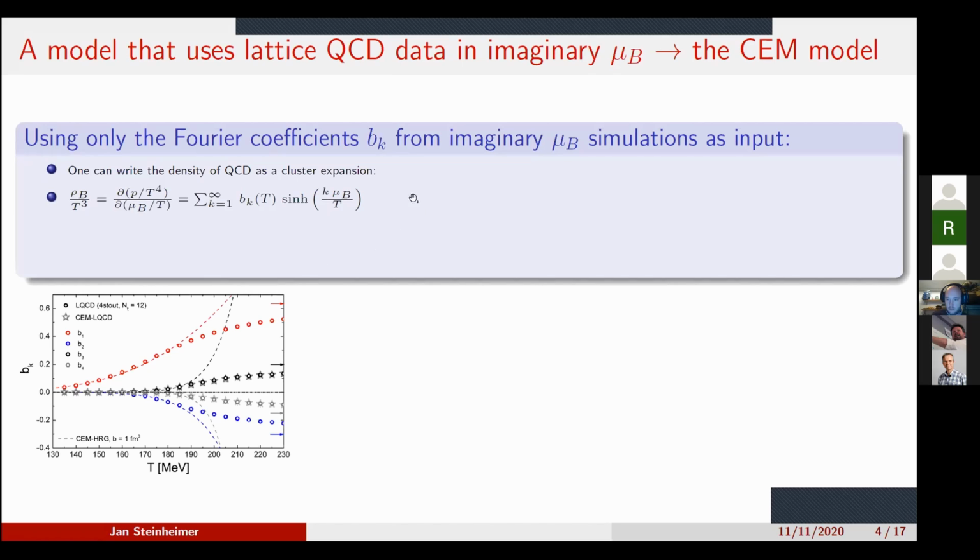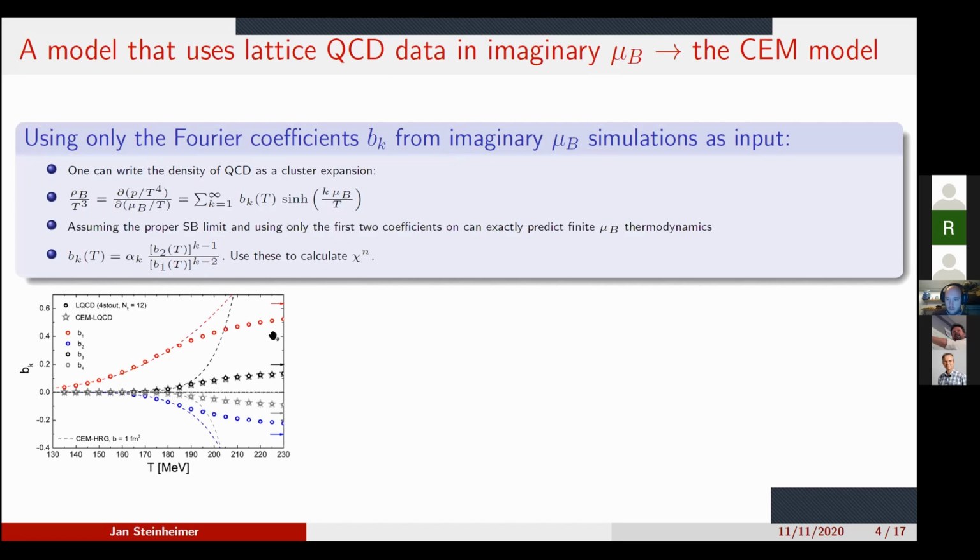The only thing you need to know is, if you now want to use these coefficients to calculate the finite density coefficients, you need an almost unlimited number of them. So the first four will not cut it. However, you can make some simple assumptions on how higher order coefficients are related to the first two.